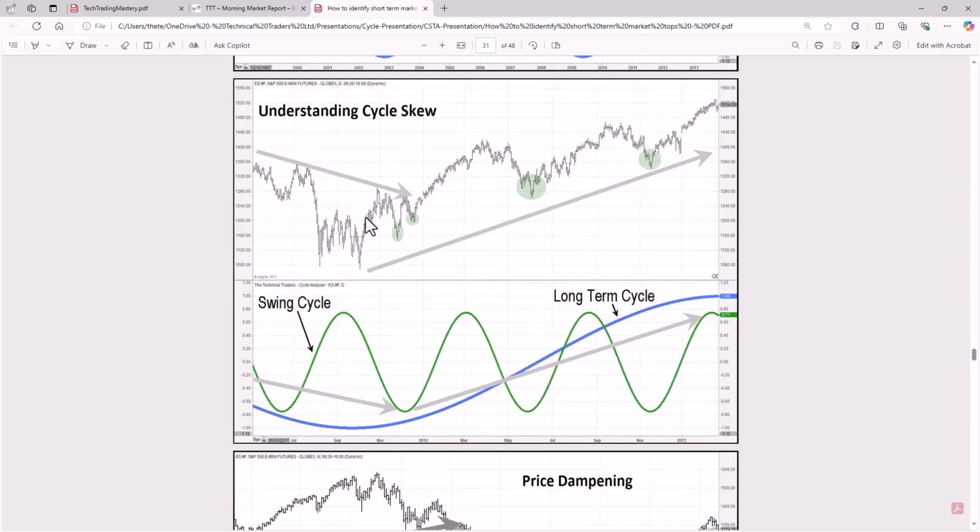But if we take a look at this chart, what we want to look at is this big blue cycle. When the longer term cycle, the tide, is going up, there's a natural tendency for the market to want to rise. With the shorter term cycles, you definitely don't want to buy into the market when there's a shorter term cycle high, even though it's down near a low and the trend's just starting. When there's a cycle topping out, you don't really want to get involved.